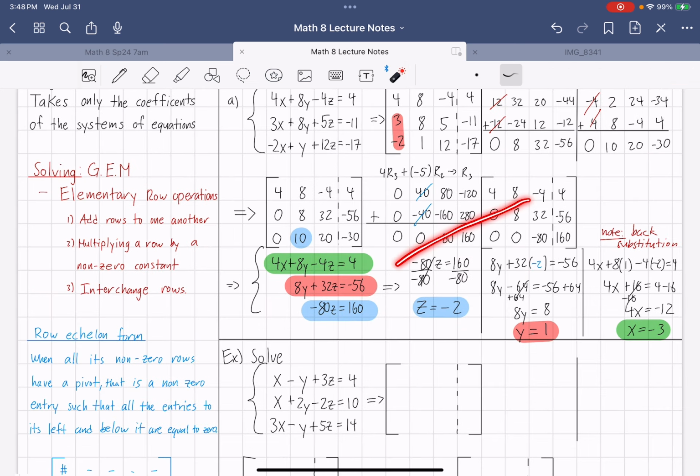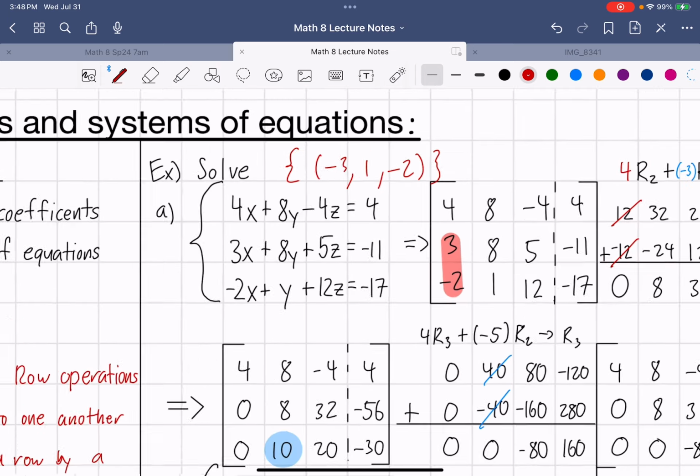I solved for one of my variables, I plugged it into my next equation, and then my next one. And this is an ordered pair in 3 dimensions. So the solution to this system is -3, 1, and -2. That's the ordered pair solution.